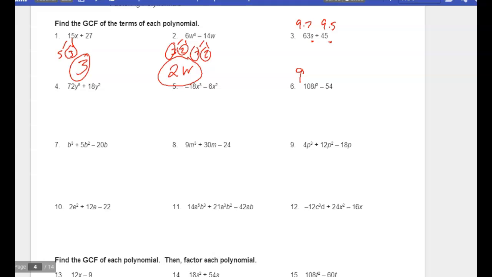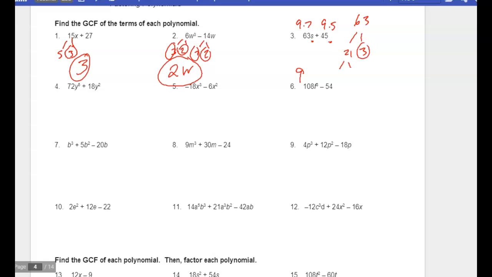And just one more time, so you can stop the video if you want here, but I'm going to finish up number 3 with a little more explanation. You're doing 1 through 12, for those of you that are still watching. How do I get this 9? Well, again, that prime factorization, so if I do 63, it doesn't matter, I could do 21 and 3. There's a prime number.